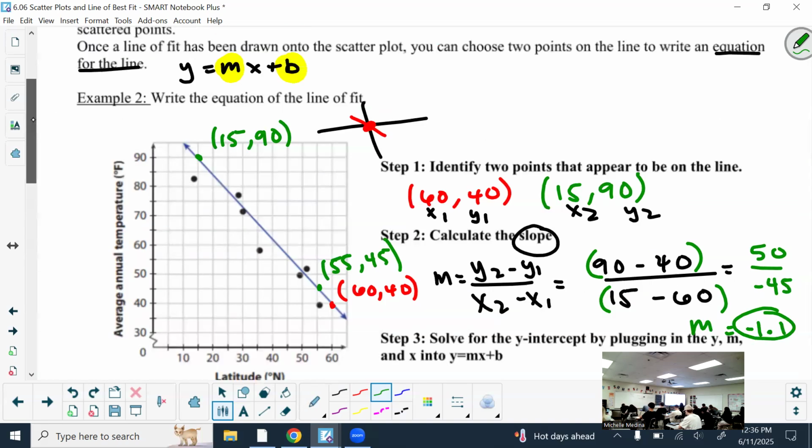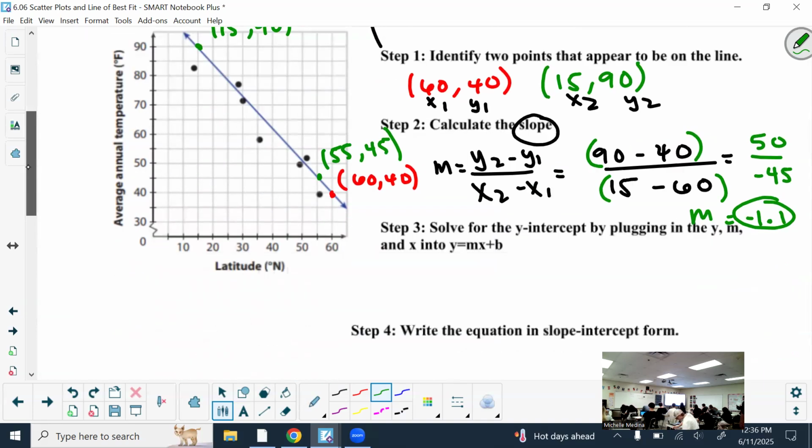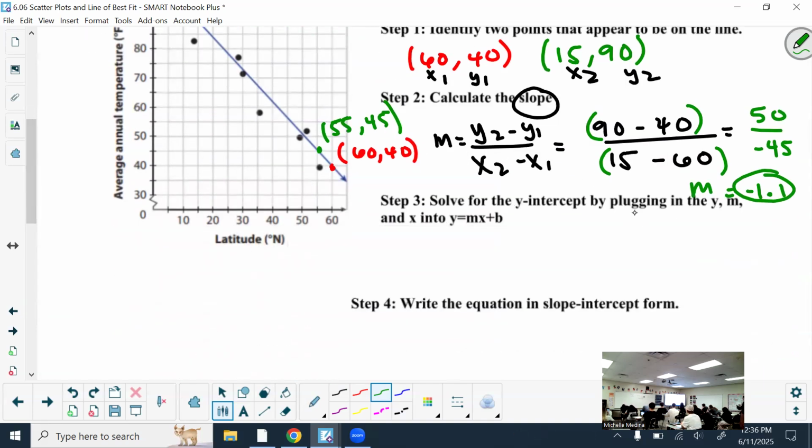In slope-intercept form, we usually have something for the b. Now, if you can see the y-intercept on your graph, just estimate it from looking at your graph. I can't see it right now. So I'm going to follow this step for how to solve for it by plugging in the y, m, and x into y equals mx plus b. The m we just calculated as negative 1.1.